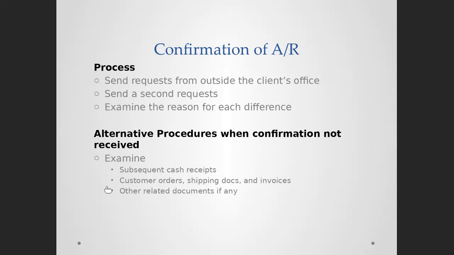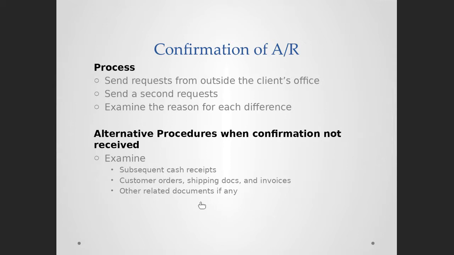If that is not there, then you can look at these other documents, right? Customer order, shipping documents, invoice, or any other related document to see whether you can be satisfied with the amount they have recorded. Anything that will prove to you that that amount is correct. And again, you cannot look at all the amounts, all the balances.